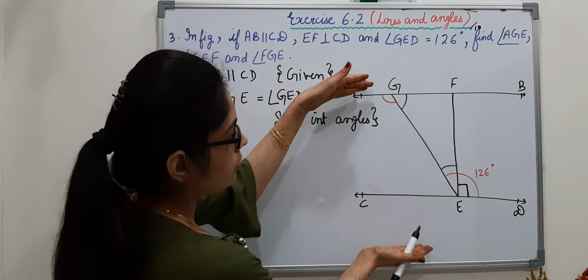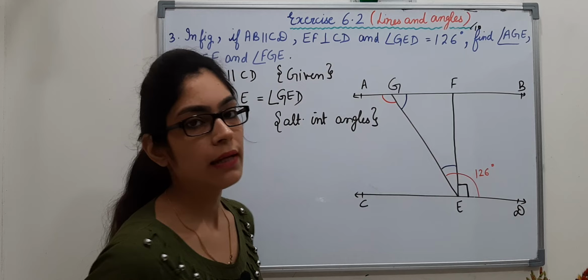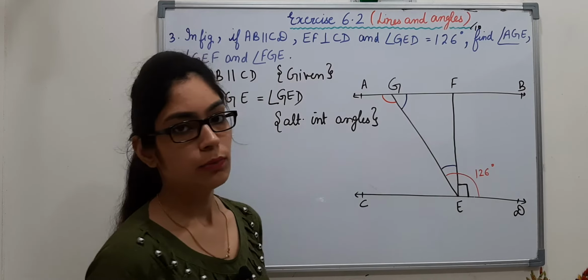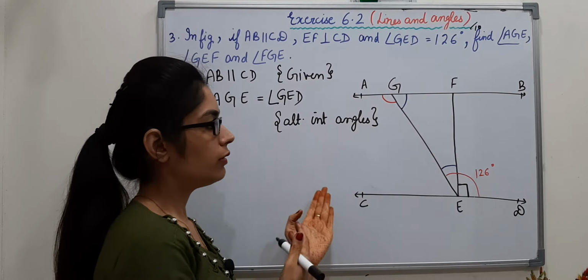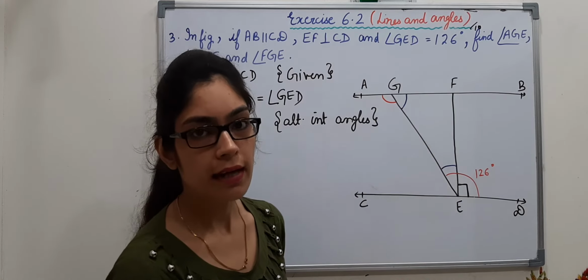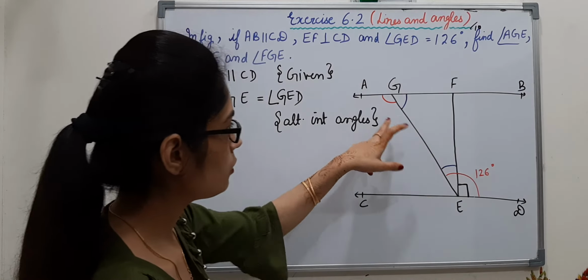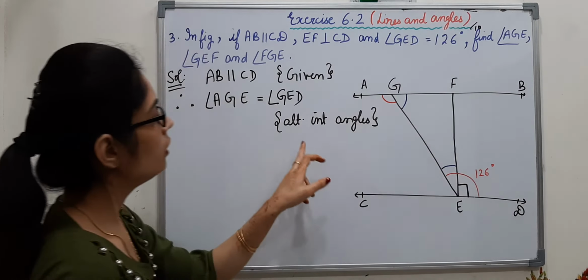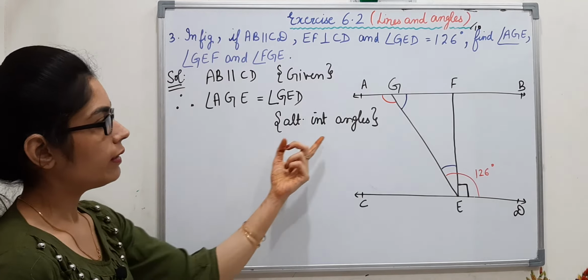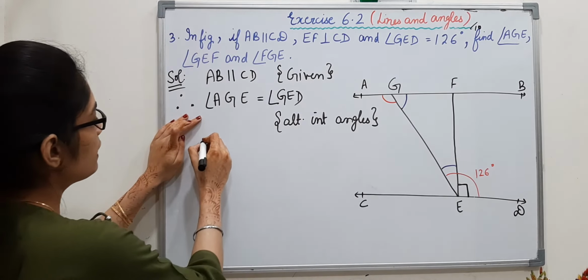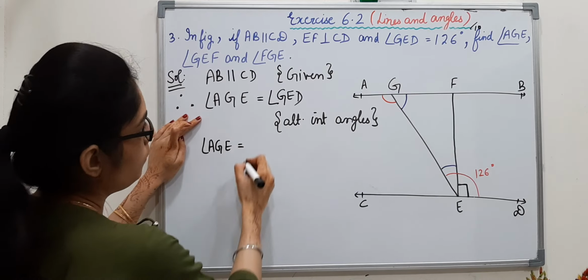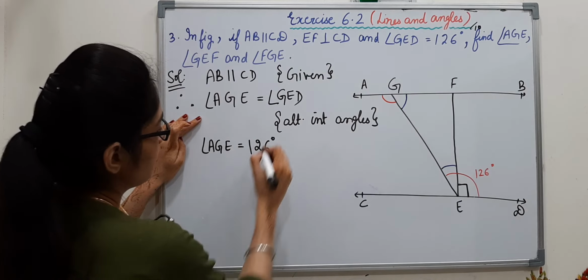You can see these two angles are on the inner side of the parallel lines plus they are on the opposite sides of the transversal. This angle is on the left side of the transversal and this angle is on the right side of the transversal. So these two angles I have marked with red color. So these are forming a pair of alternate interior angles. So therefore angle AGE is equal to 126 degrees.